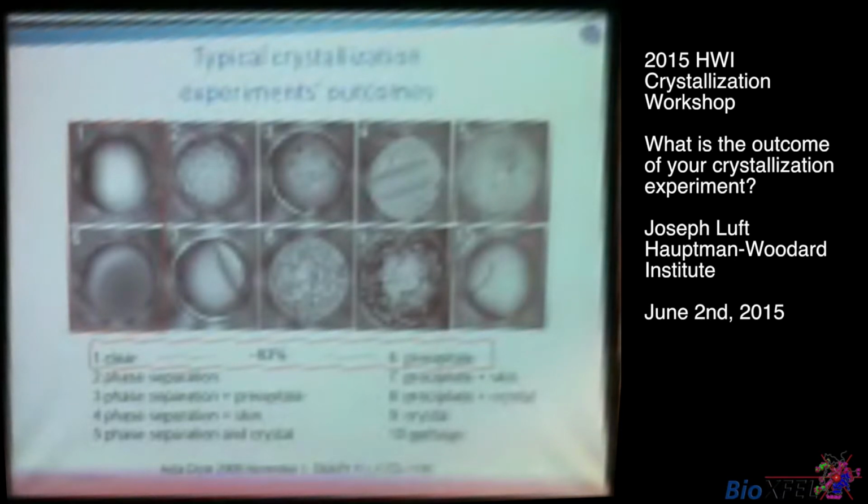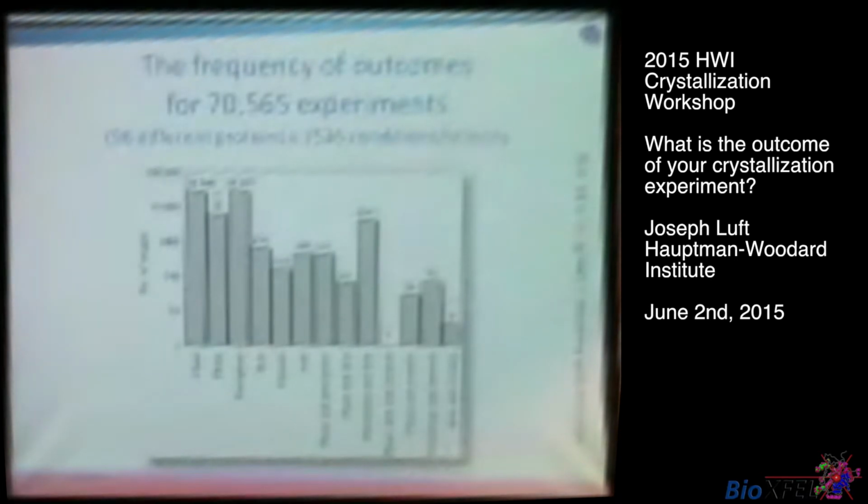We had phase separations, and some were crystalline outcomes. Crystals are a really rare outcome. This is a log scale, but most of what you see is either going to be clear or a precipitate. The crystals themselves account for like 0.01% of the experiments that you're going to set up. So it's a rare occurrence.